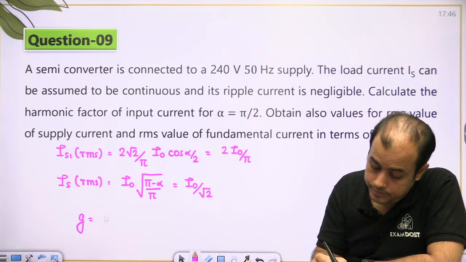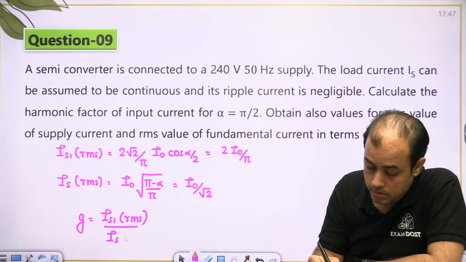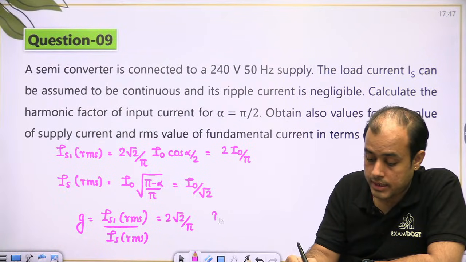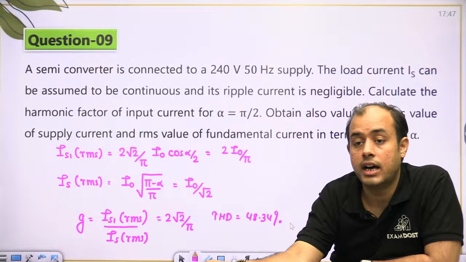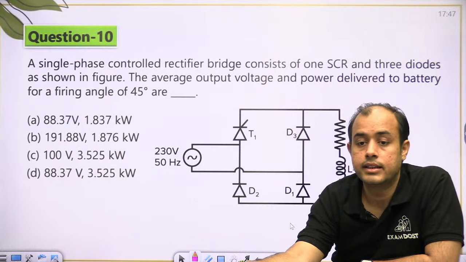So G is (2 √2 by pi). Based on this beta, THD is 48.34%. That is your harmonic factor, 48.34%. यही दे रखा है.